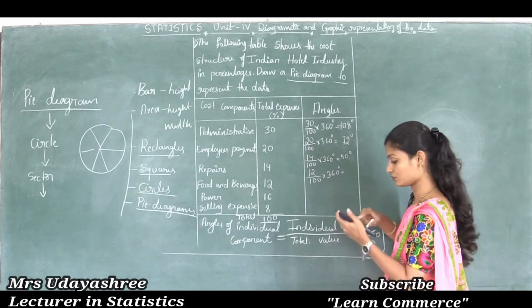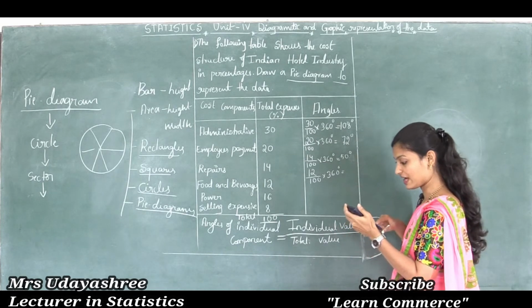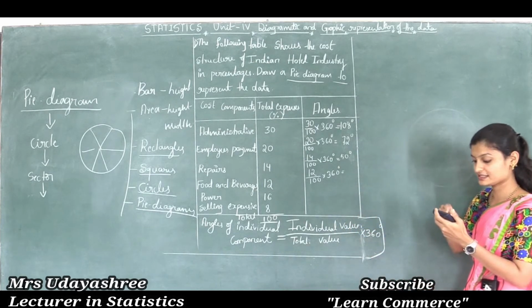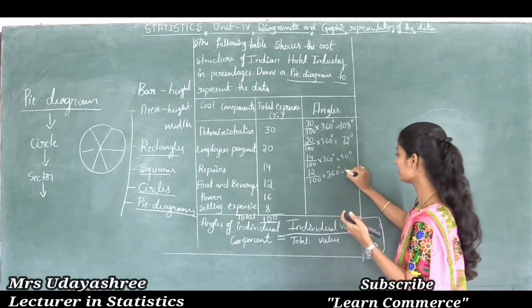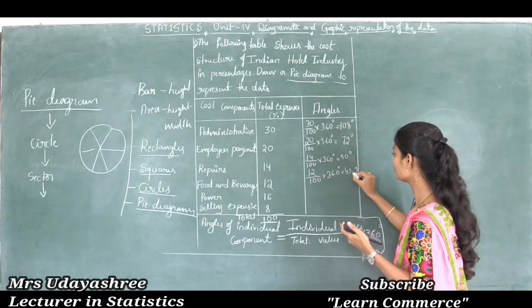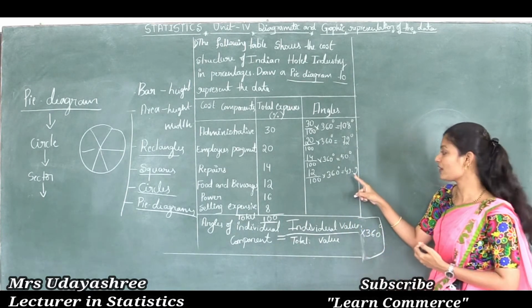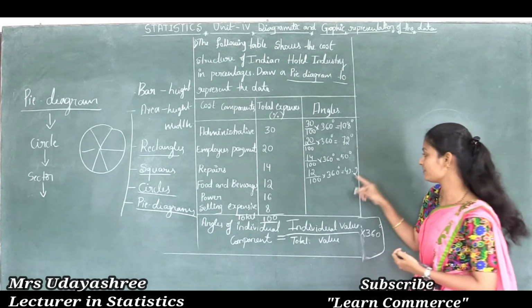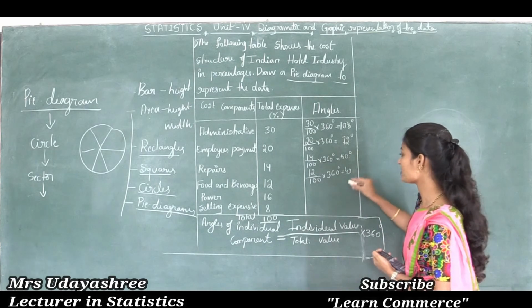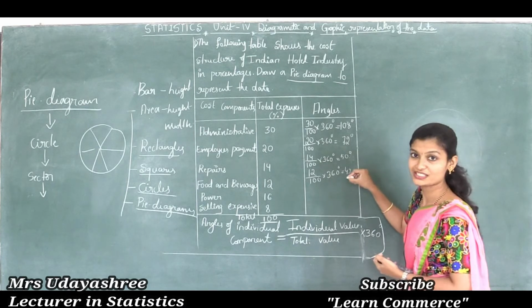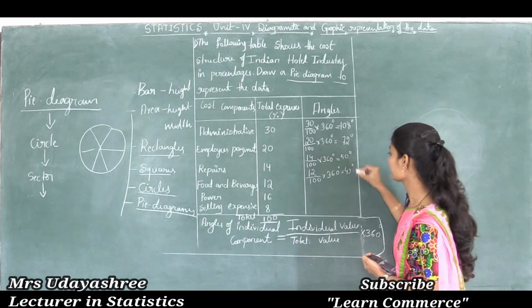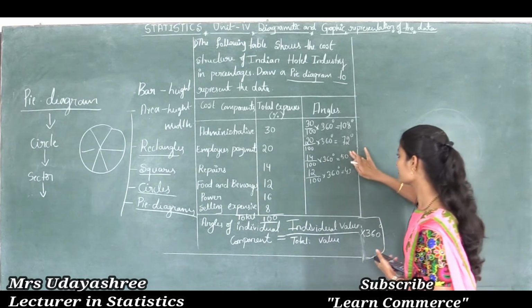That is equal to 12 divided by 100 into 360, which is 43.2 degrees. See, after the decimal point this first digit is less than 5. Therefore I will write the approximate value, that is 43 degree. Okay, this is degree.